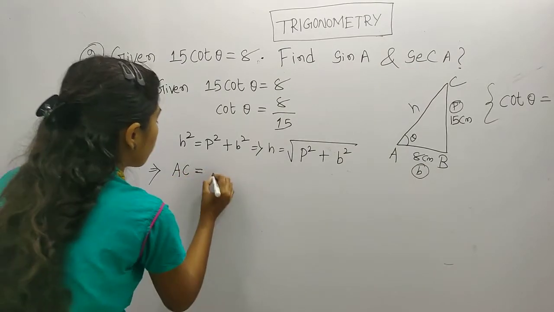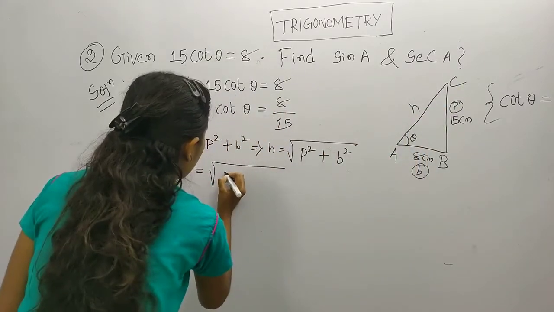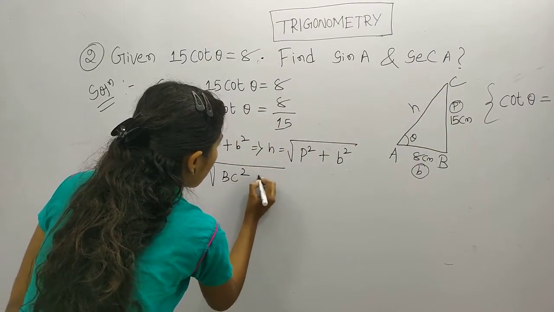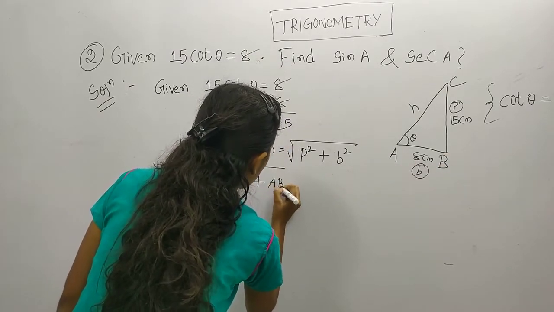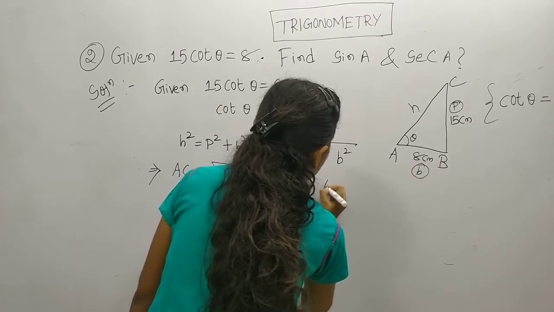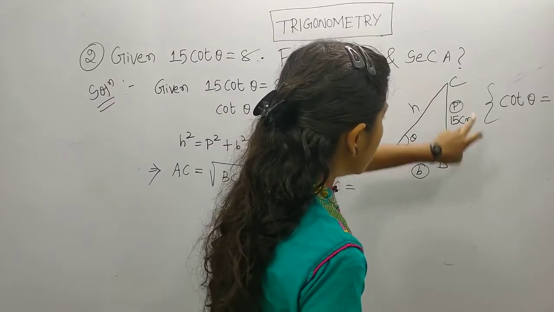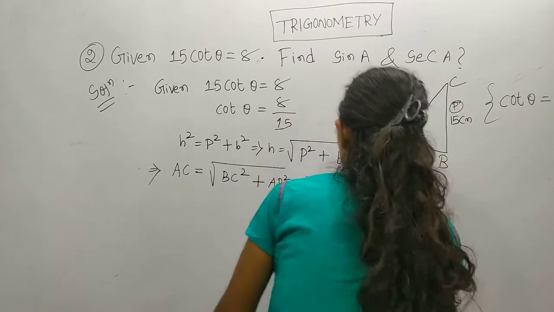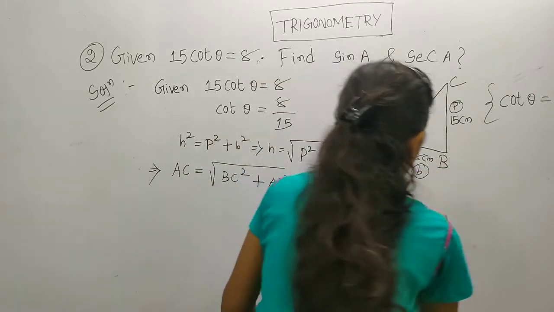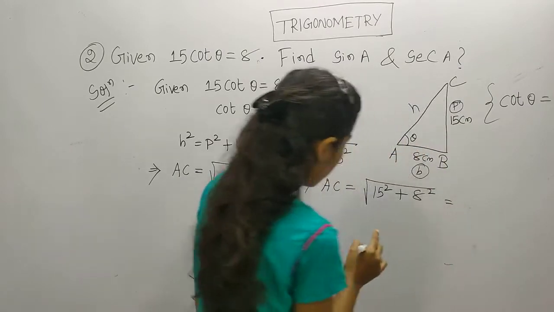AC equals root of perpendicular side BC square plus base AB square. That implies AC equals root of BC, which is 15, 15 square plus AB, which is 8, 8 square.